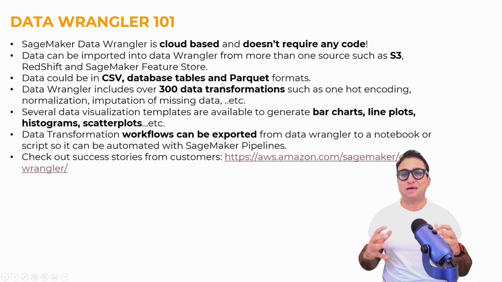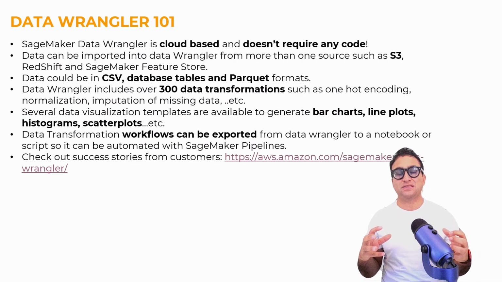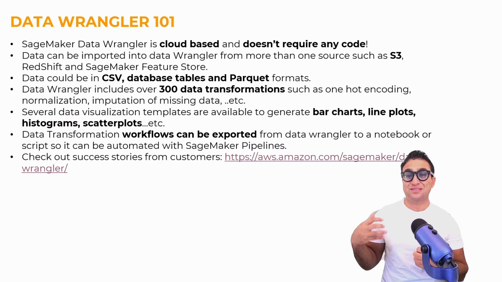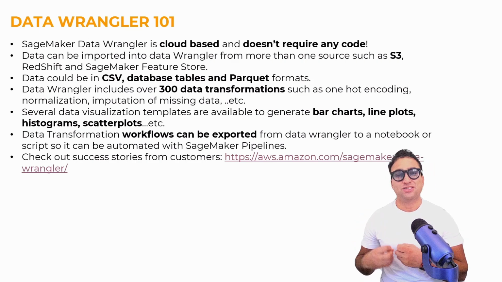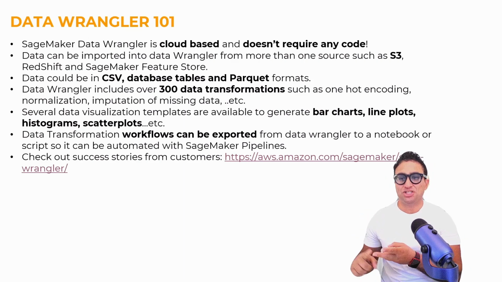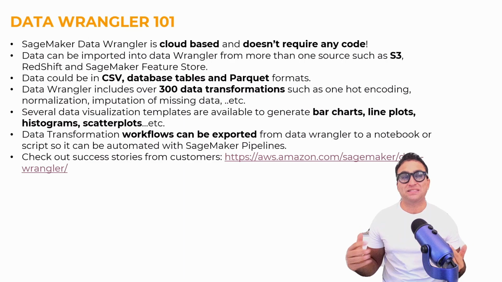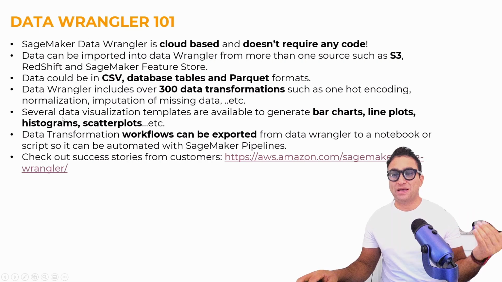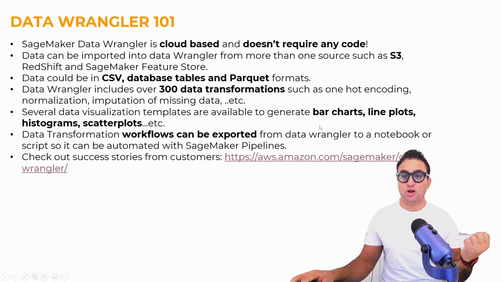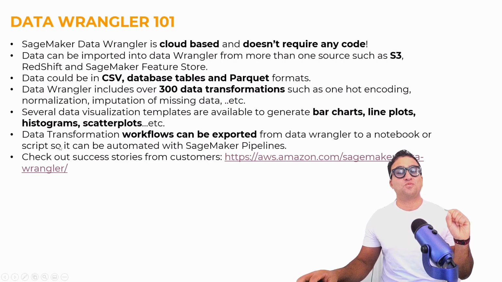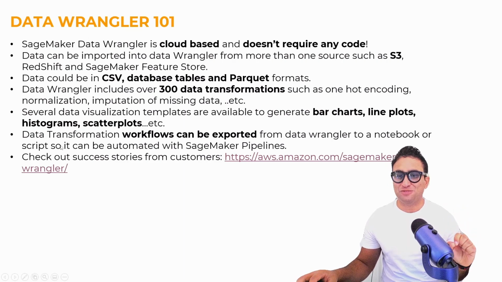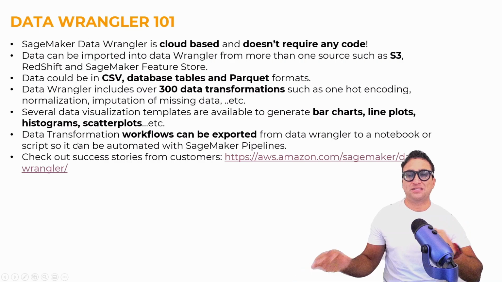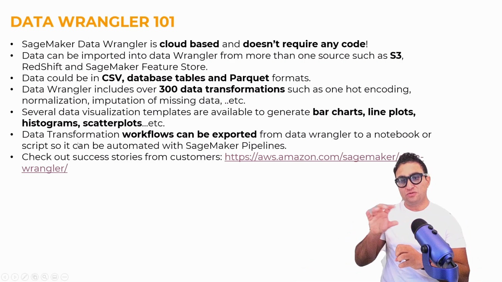And what's really powerful about SageMaker Data Wrangler is that it contains over 300 data transformations, such as one-hot encoding, normalization, imputation, handling missing data, and so on. We can also perform data visualization, such as plotting bar charts, line charts, histograms, scatterplots, and what I really like about SageMaker Data Wrangler is you can develop your data workflow, again, without writing any code.